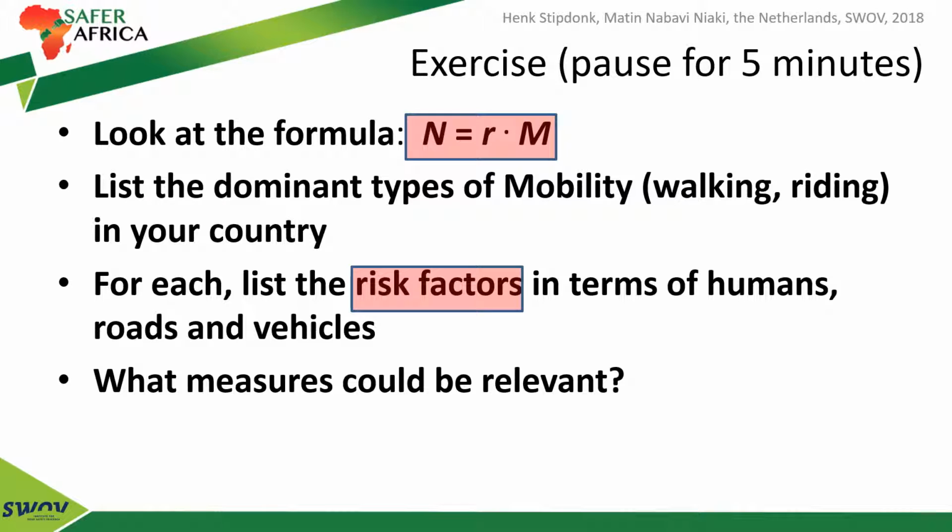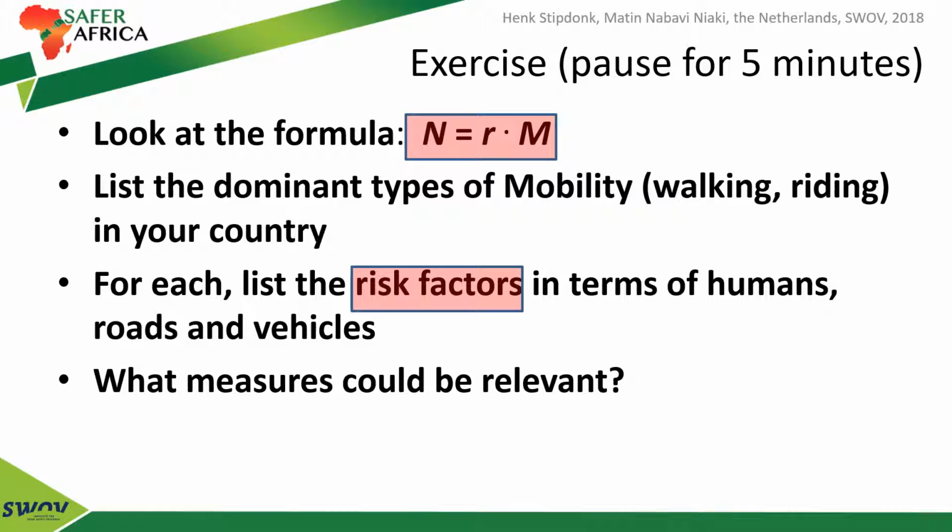Now, the final exercise for this lesson invites you to think about travel and risk. First, think about the most common ways of travel in your country, and then denote the corresponding risk factors. And finally, think of ways your government could improve safety with the safe system measures.